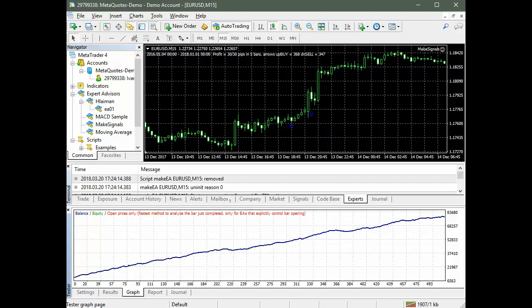On the horizontal scale, the transaction numbers are displayed. On the vertical scale, balance. When you hold the cursor, detailed information about the transaction balance and funds is displayed.